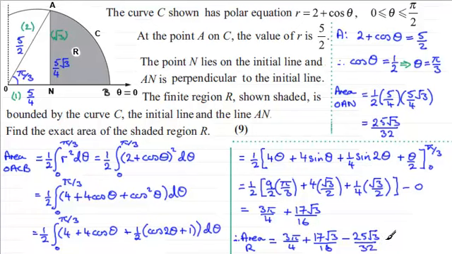And if we subtract that, you end up with 3 pi over 4 plus 9 root 3 over 32.